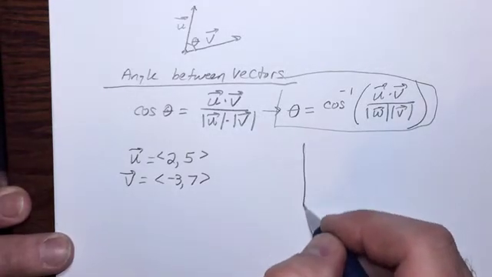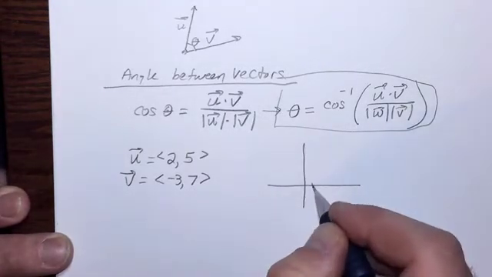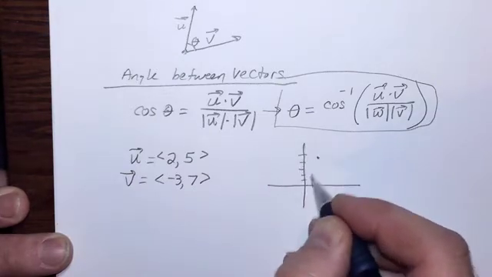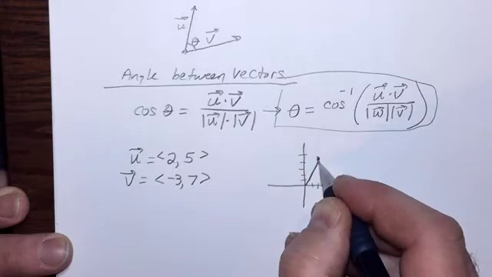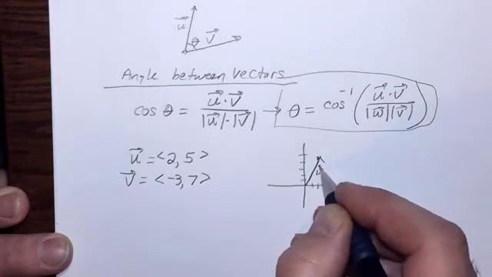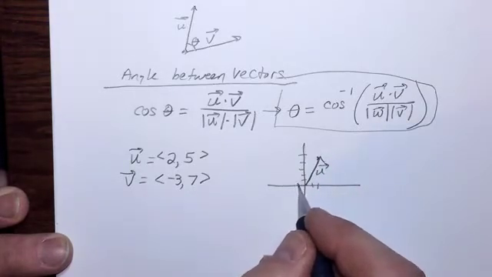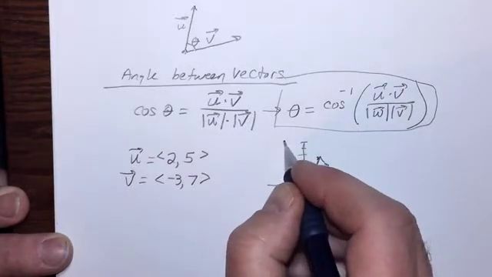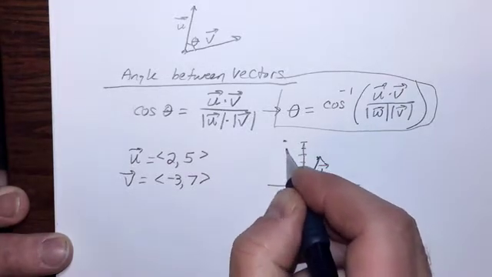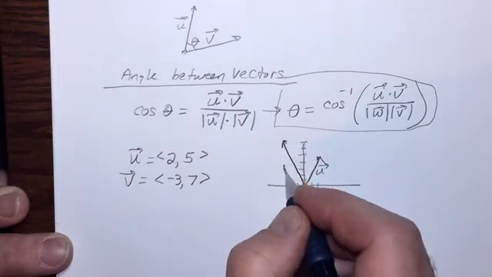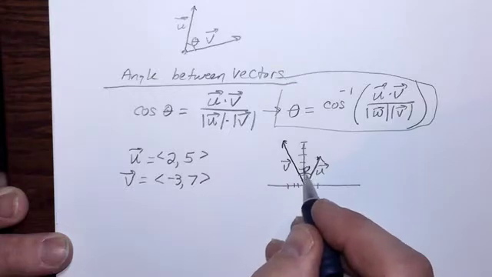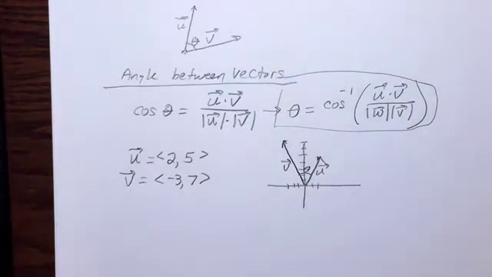We can represent that. 2, 5 is this vector right here in standard position. That's what u is. And v is negative 3, 7. It's this vector right here. There's v. And so what we're trying to find is what's this angle theta in between them. You don't have to graph them like that, but that just gives you an idea of what we're trying to find.